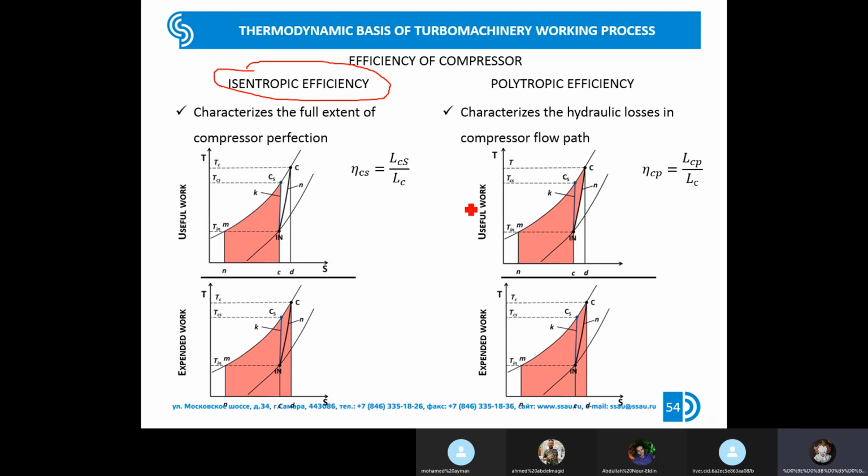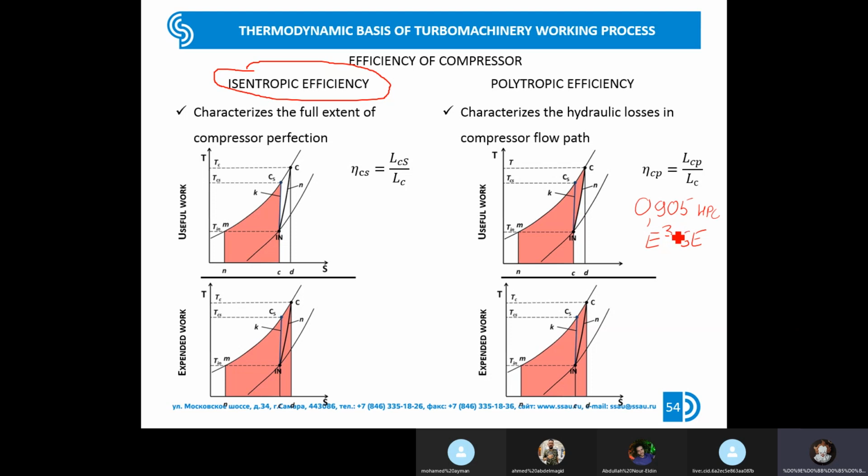For example, as far as I know, the biggest value of polytropic efficiency reached in an axial compressor is approximately 0.905. As far as I know, it's the biggest value ever reached. It was in the engine from the GE company, for the high pressure compressor.